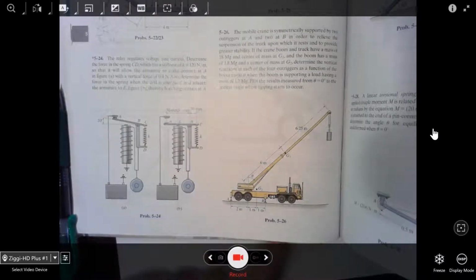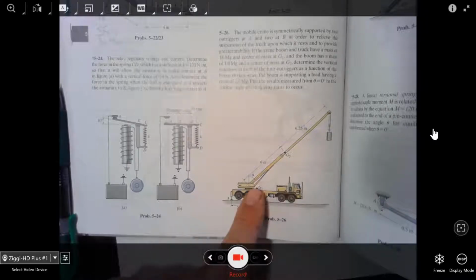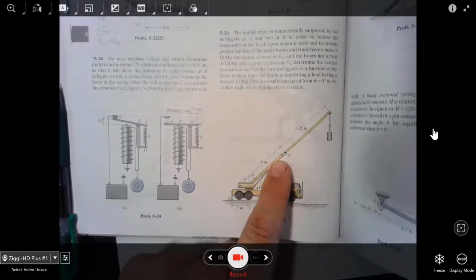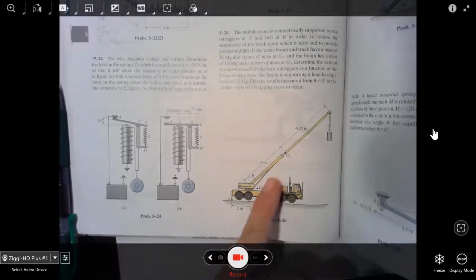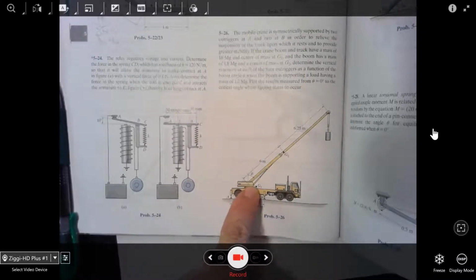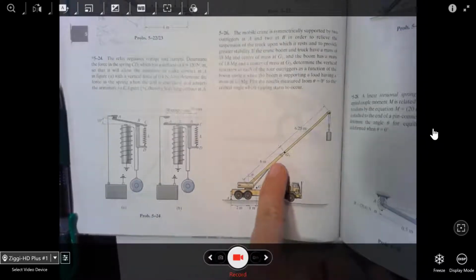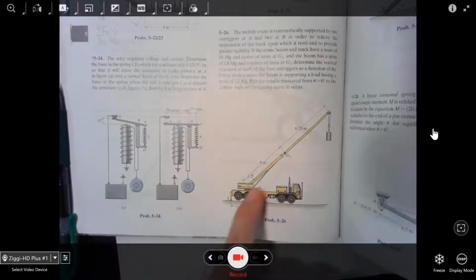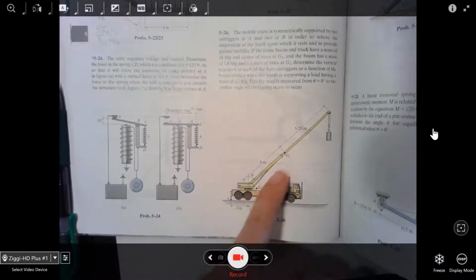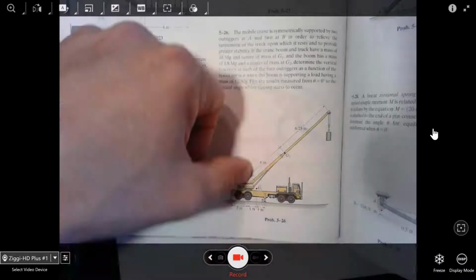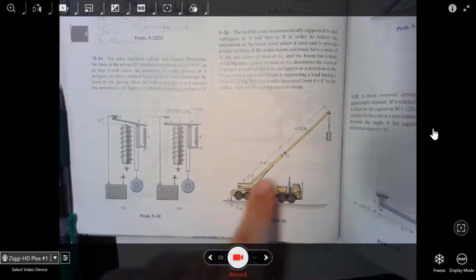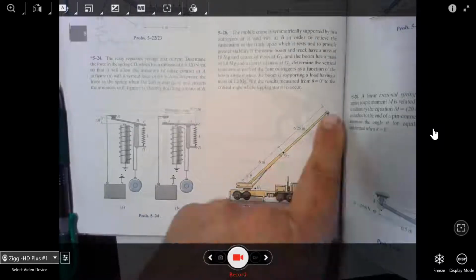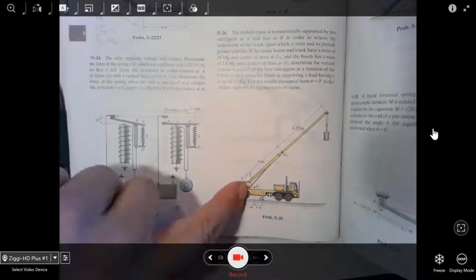There is a two-force member in this problem though. If we look here at the hydraulic ram, it's going to be pin connected at the bottom and pin connected at the top. So it is a two-force member, right? It's got force that just runs along it. So why is that helpful for us? Well, because now, if I were doing the free body diagram of this boom, I would have a pin down here at the bottom.